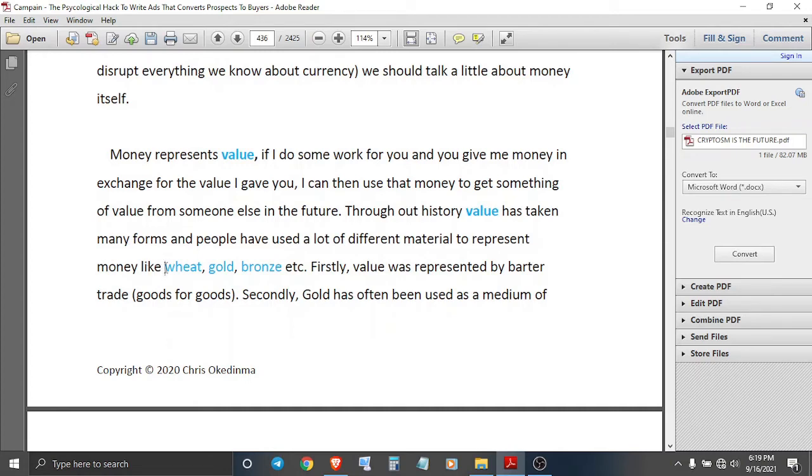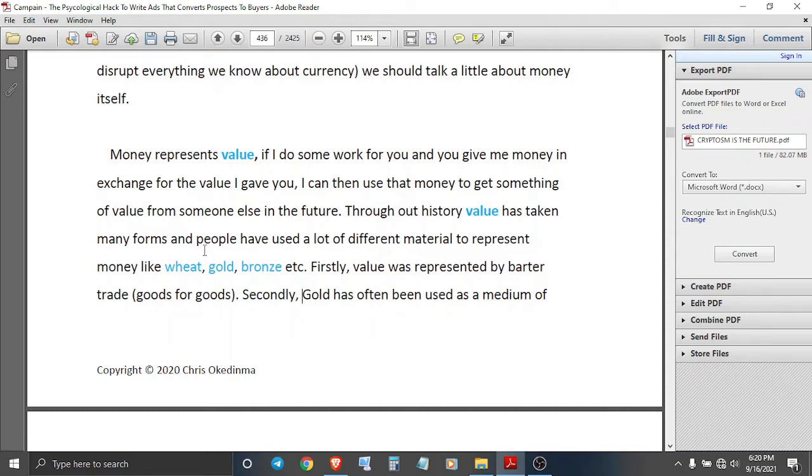Some have used wheat, gold, and bronze. I want us to go further to say, firstly, value was represented by barter trade, goods for goods. That was my point: money represents value, which is a good initiative to start with.